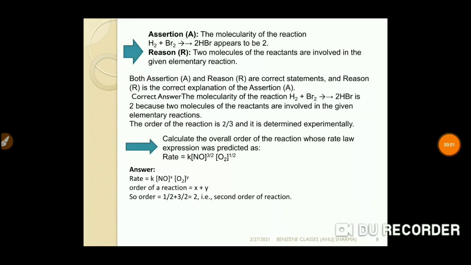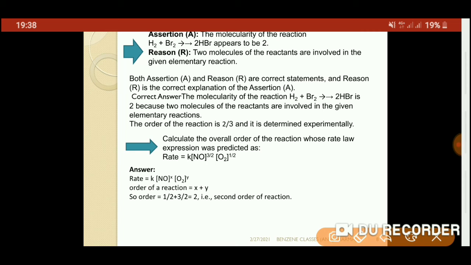Okay guys, we are on the next slide. The question is related to assertion and reason. The assertion: the molecularity of the reaction H2 plus Br2 giving 2HBr appears to be 2. The reason: 2 molecules of the reactant are involved in the given elementary reaction.